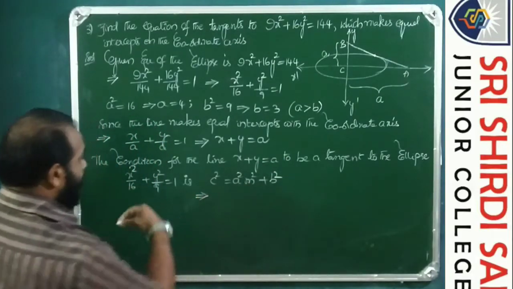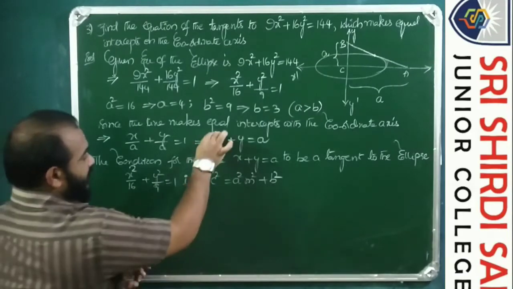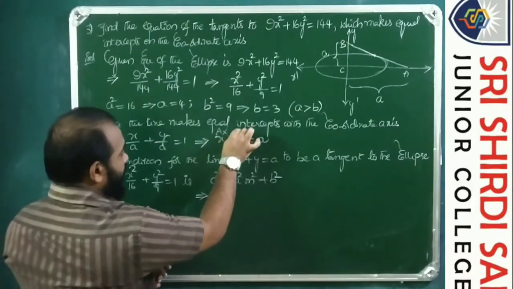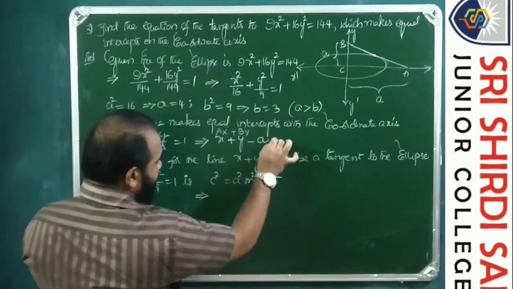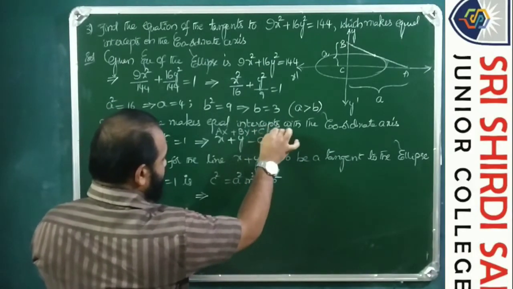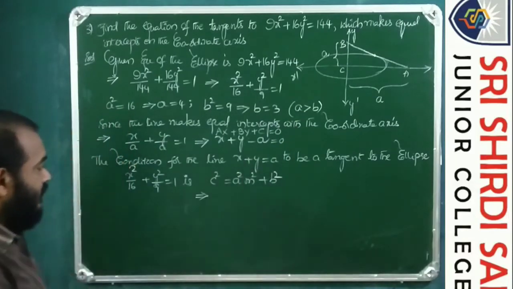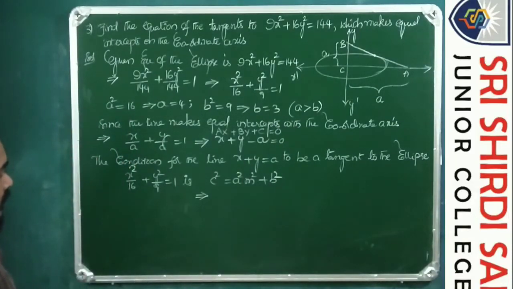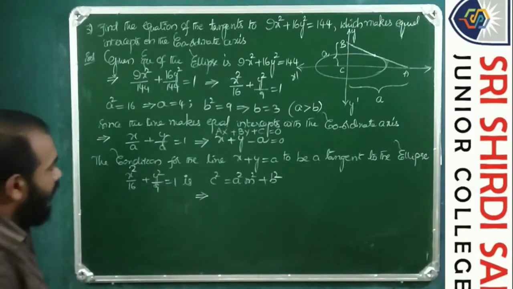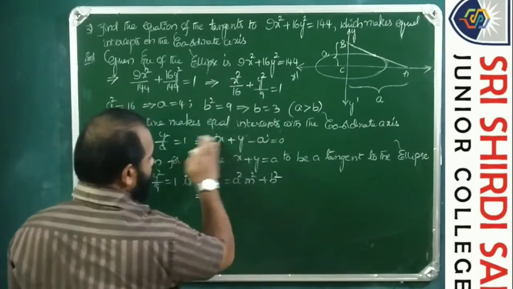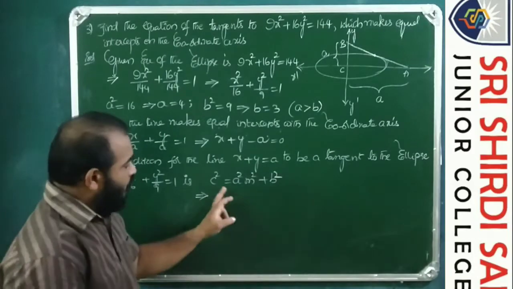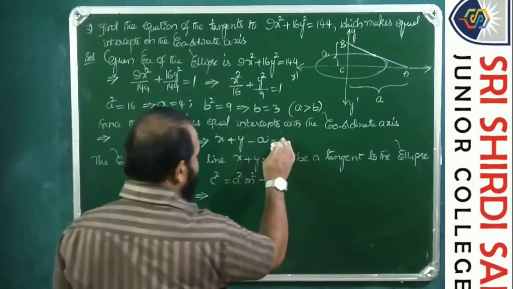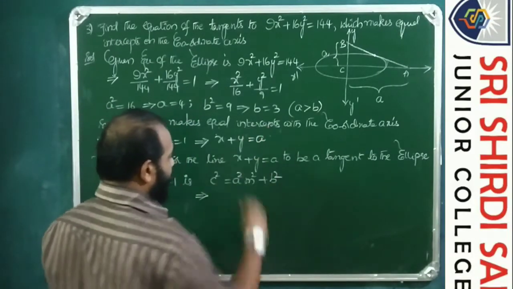So from this, it is x plus y minus a equals 0, so it is equal to a.